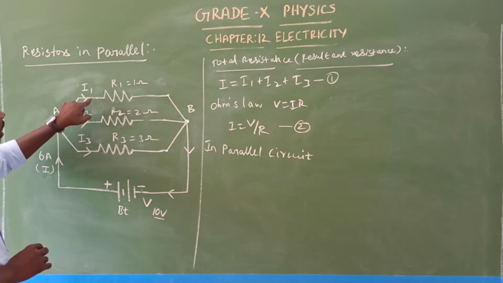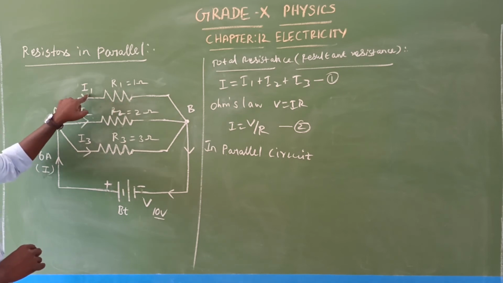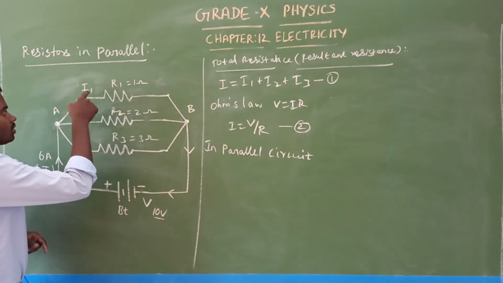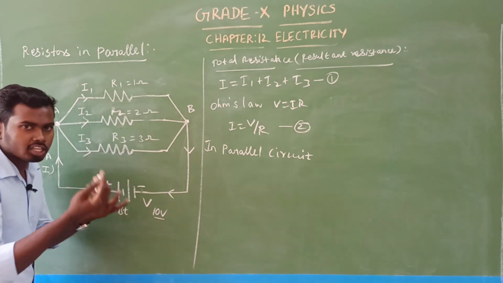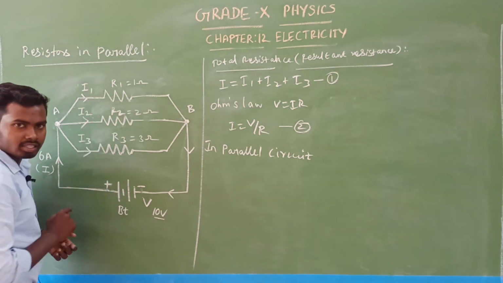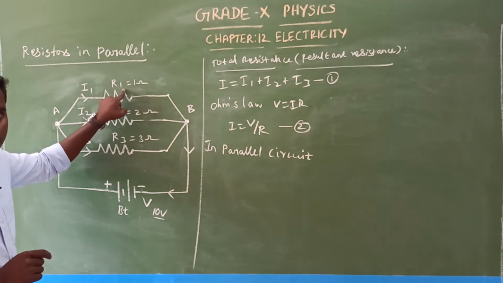Across the R1 resistor, how much current is flowing? Yes, I1 current is flowing. Am I right? Yes. So the resistance value is R1.